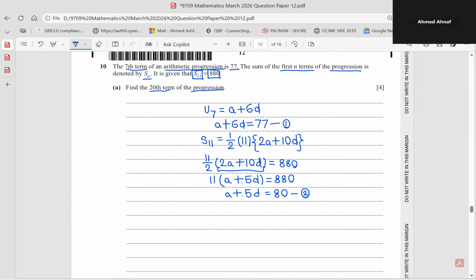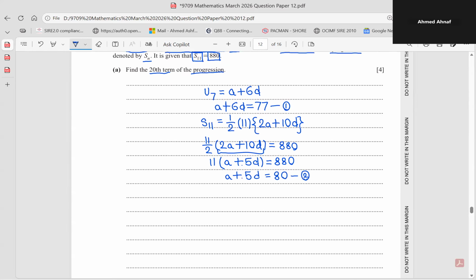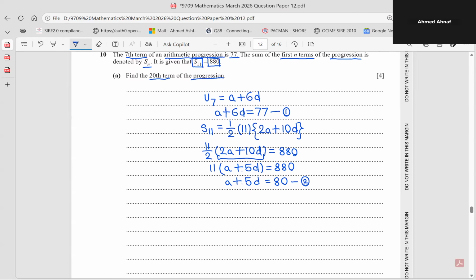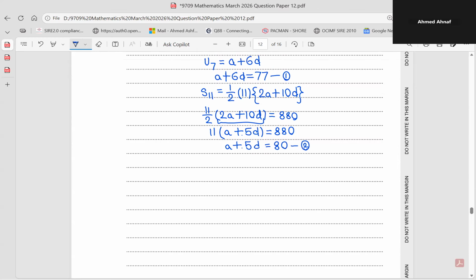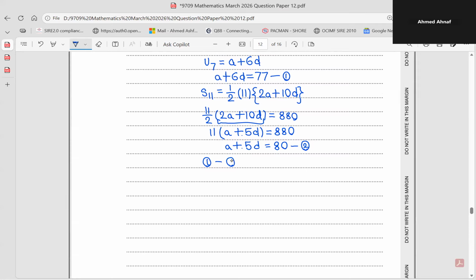Okay, so with these two equations, we can find our a value, the first term, and our d value, the common difference. We can see that for both equations 1 and 2, we have a as the common term. So we can remove that by subtracting equation 2 from equation 1.